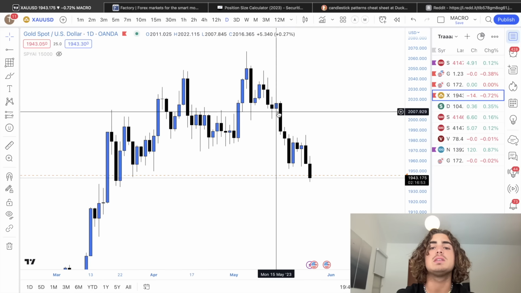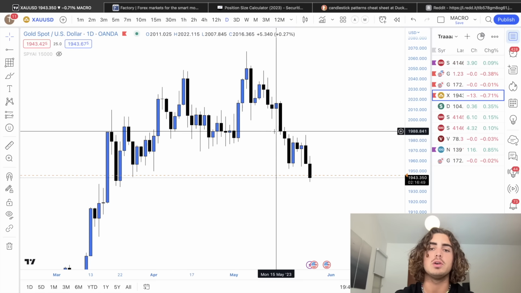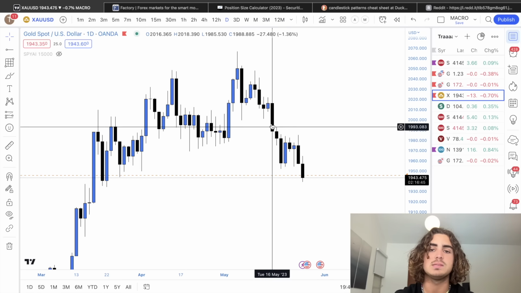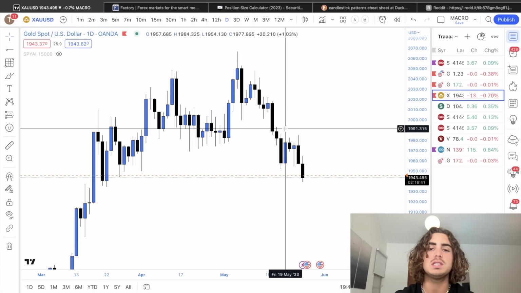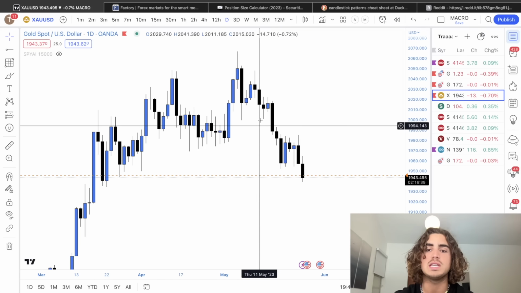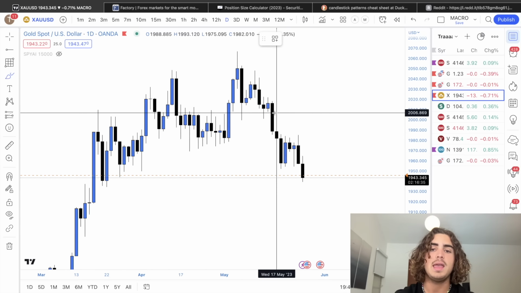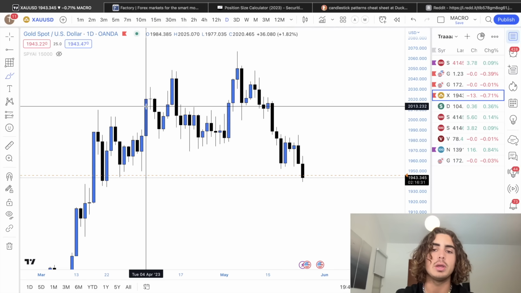If anything, a high wick to the upside on this candle would be even more of a reason for it to be a strong close. And also, the wick to the downside is fairly small compared to the body. So we had a move to the downside and we were able to close and continue down. And it wasn't just a wick to the downside and then a move back up showing weakness.